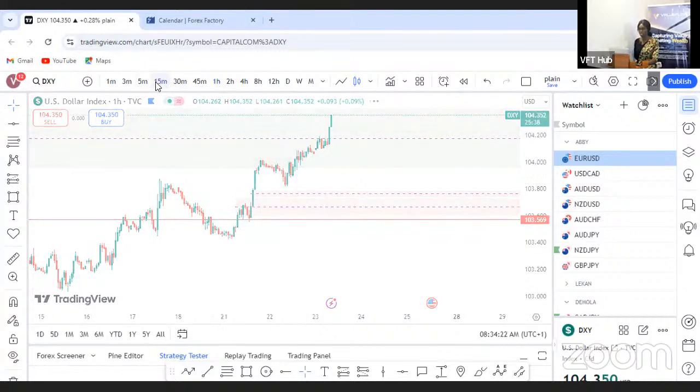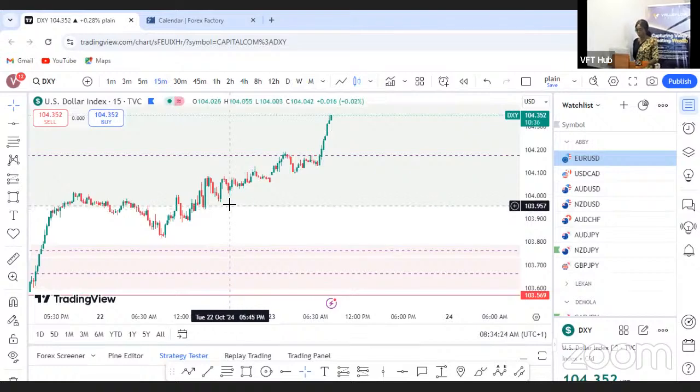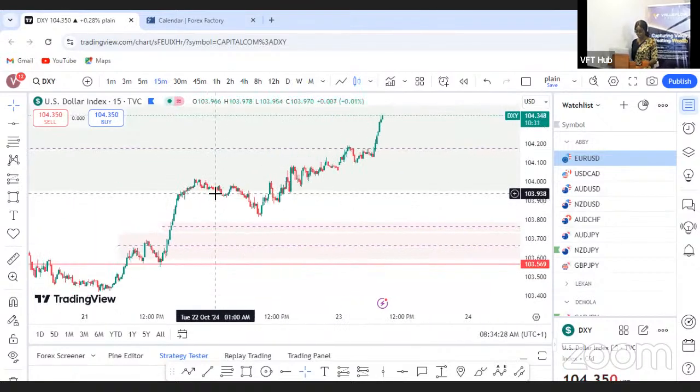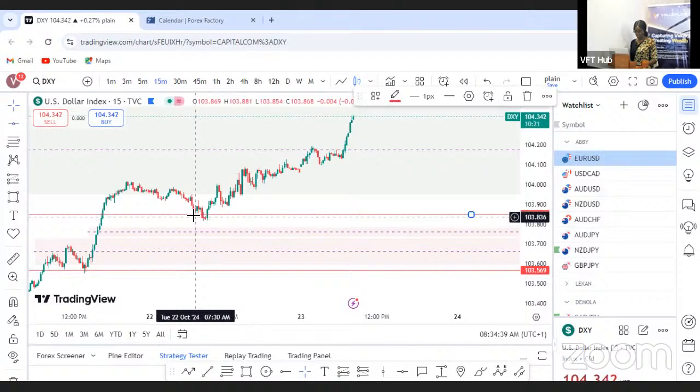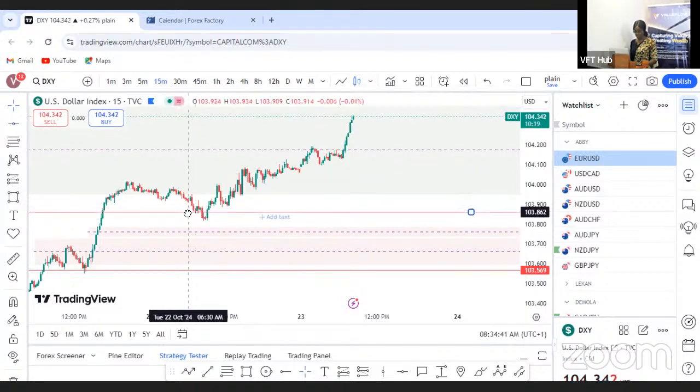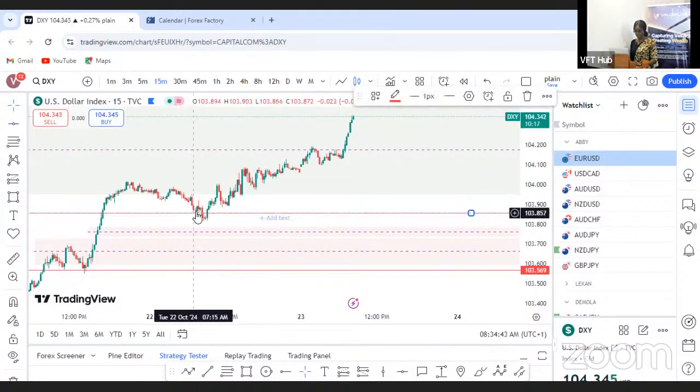For a 15 minutes time frame, I want to see if there's anything that could be of interest to us. Right, so there's kind of a shoulder pattern. There's a shoulder, there's a sweep, there's a break all the way.